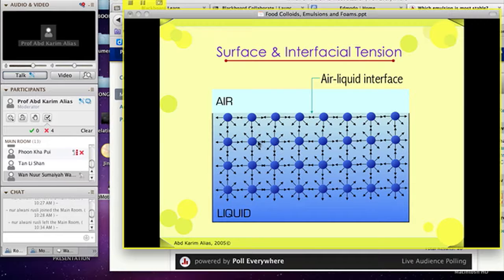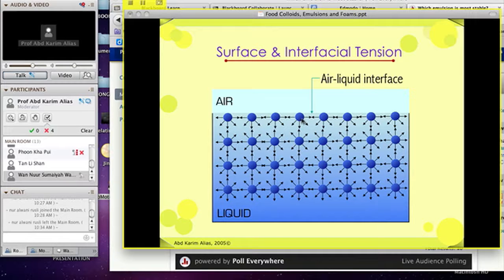Suppose for this molecule we have molecules on the top, left, right, and behind, surrounding it. There will be a force of attraction in the form of hydrogen bonds and other weaker bonds, so they are always attracted to each other.